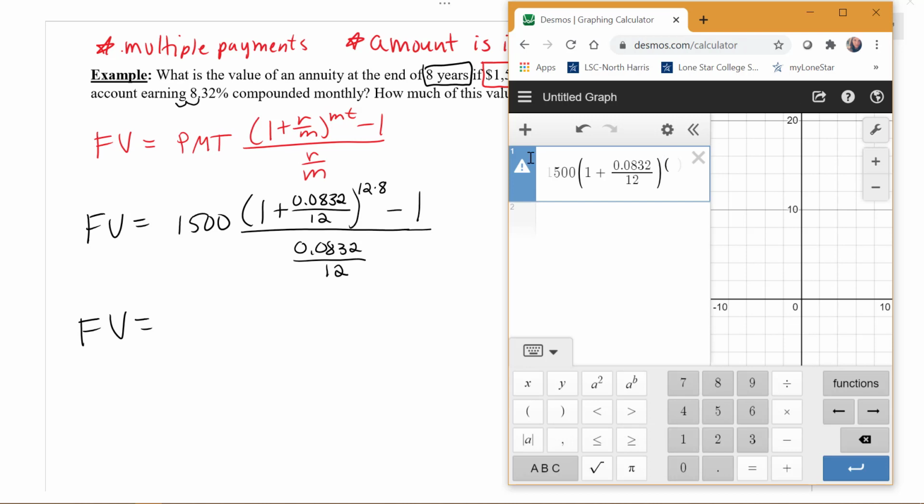I'm going to put parentheses and let my calculator do all of that work for me. If you want to simplify, you can simplify 12 times 8 and put that into the calculator, but I'm going to just let my calculator do all those calculations for me. I'm going to highlight everything at the top of that fraction and hit divided by. I'll type in my fraction at the bottom.